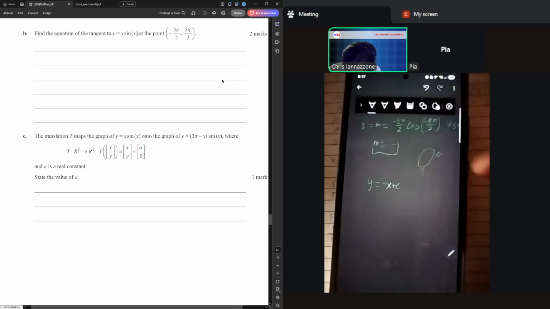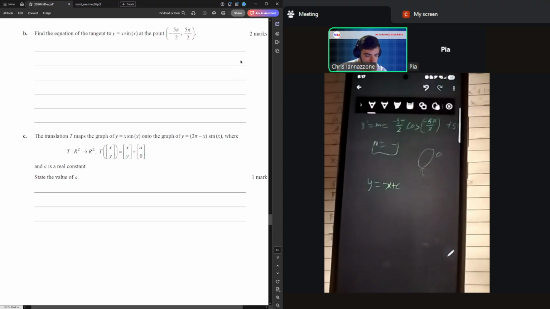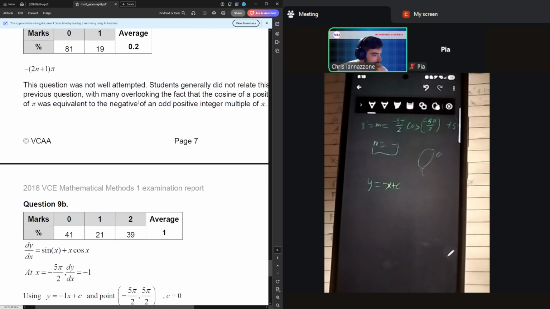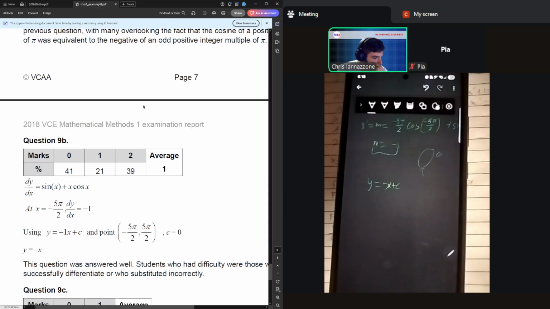And then finally we find c. We're just going to sub in that point, find c. They might have worked solutions for it, but yes, you do just plug in that point. x is negative 5 pi on 2, y is going to be 5 pi on 2. Oh, so it does actually just become y equals negative x, because they cancel down. The c goes to 0. Easy.